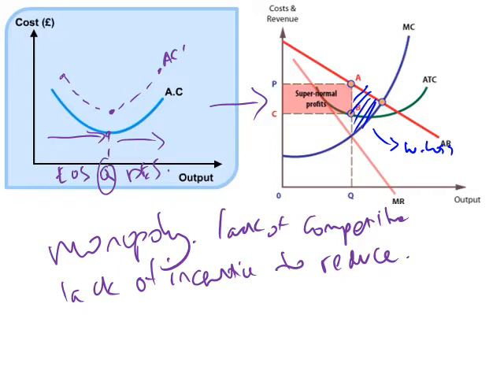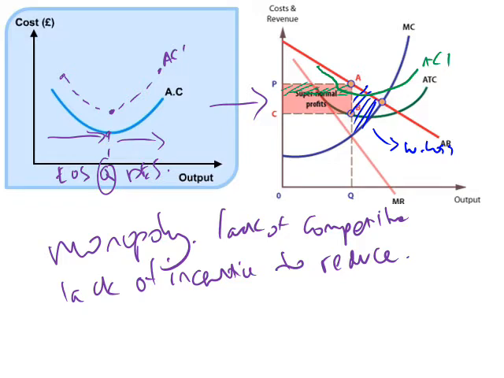So for example, if the average cost curve was higher, so we had X inefficiency in this market as well, then what you'd end up with is a profit level which would be smaller than it would have been previously. You'd still have the same welfare loss in terms of allocative efficiency, still at that point, but the higher average costs would lead to a smaller profit.